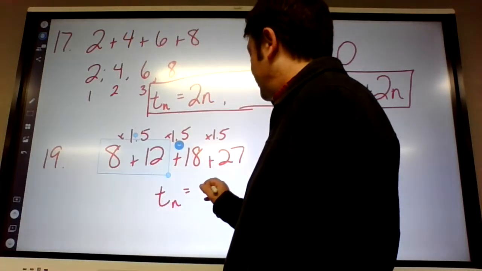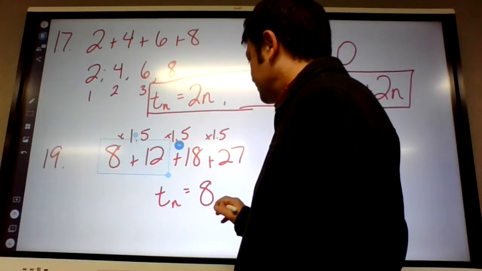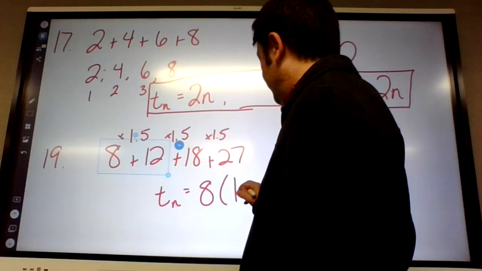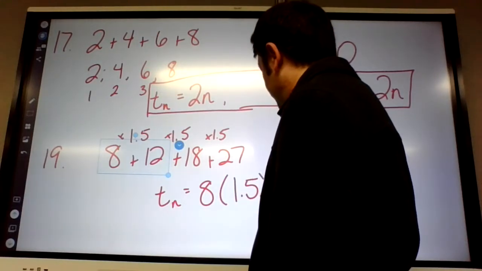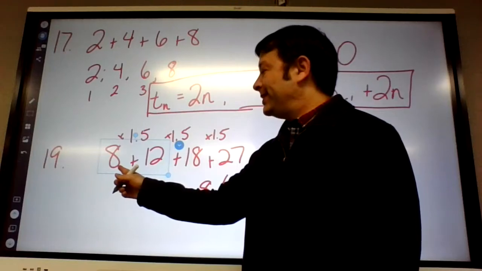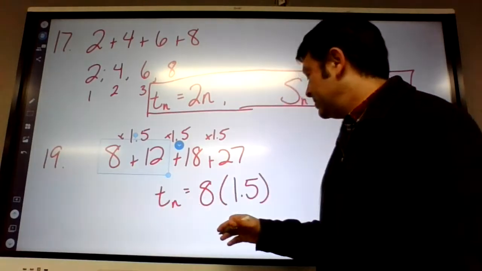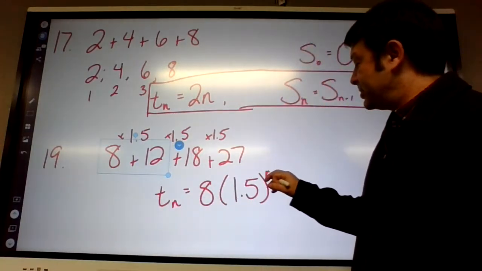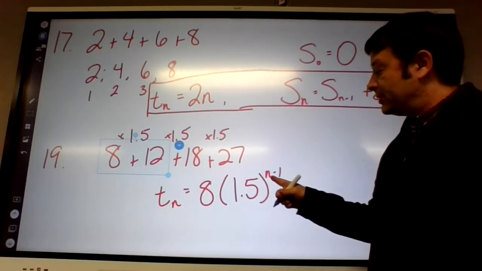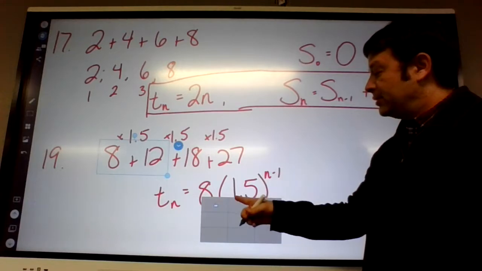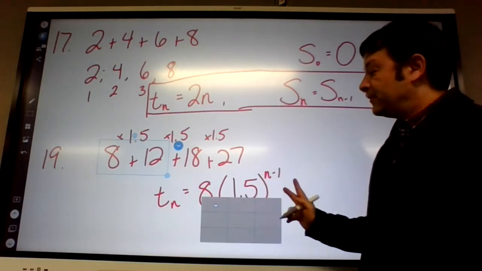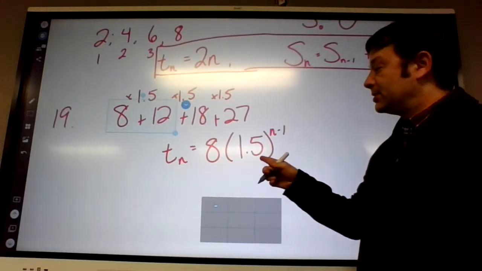Okay, so if we start with 8, and we're going to multiply by 1.5, but on the first term we don't want to multiply by 1.5 yet to get 8. So what they did is they put n minus 1 here. Because on the first term, when you put a 1 there, that makes this a 0. That eliminates the multiplier. So on your first term, this will come out as 8.